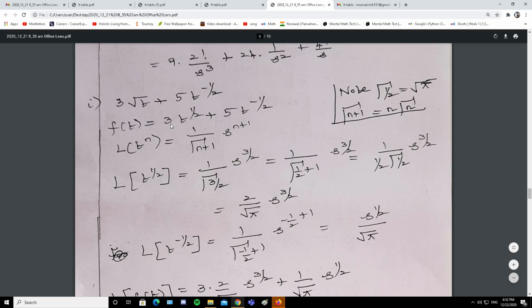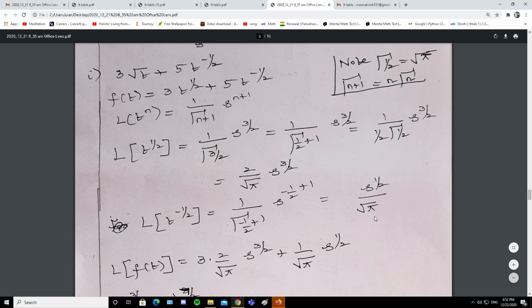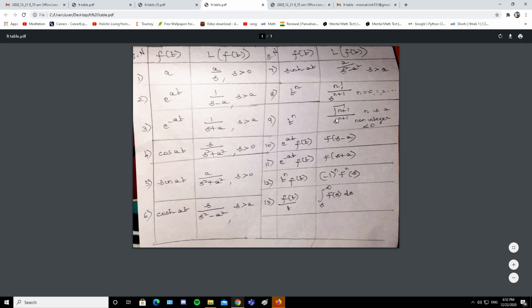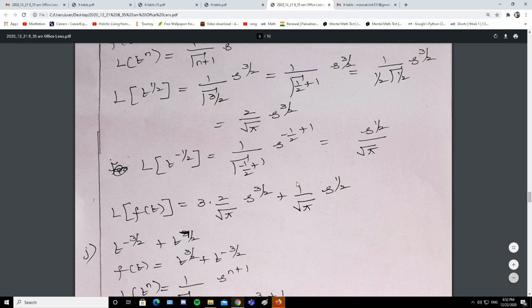So the Laplace of the first term is 3 times 2 by root pi s power 3 by 2, plus 5 times s power half by root pi. I forgot to write 5 here. So remember, whenever you have rational powers of t, you have to make use of the gamma function formula, that is gamma of n plus 1 by s power n plus 1.